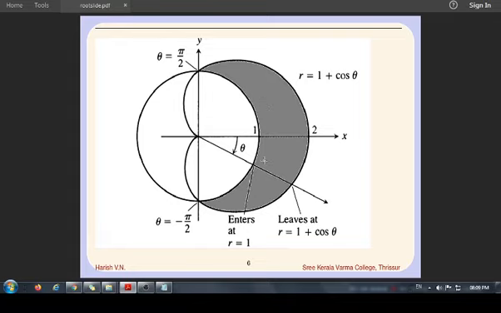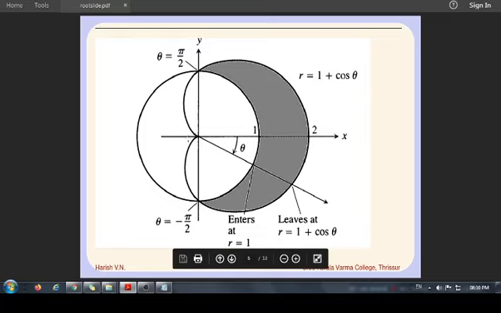Now I have to decide what are the limits of integration. This is the region R. So double integral over R means theta varies from where to where, and r varies from where to where, that we have to decide. So first let us decide the variation of r. To decide that, you draw a line starting from the pole, that means from the origin, and projecting outward like this, or like this, or like this.